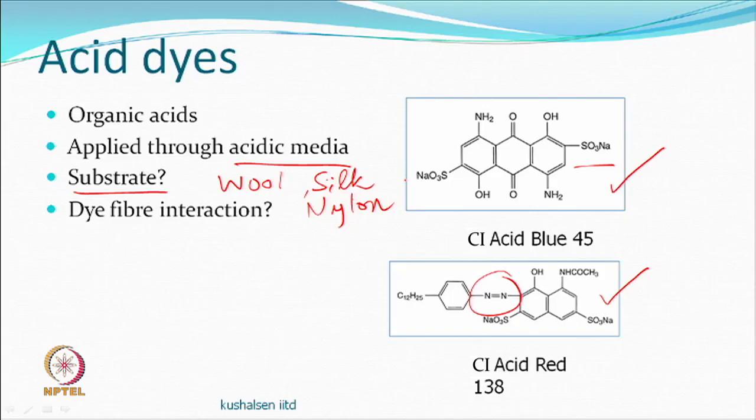So, dye fiber interaction is ionic, wash fastness can be an issue because they are smaller molecules and ionic bonds in aqueous medium dissociate very easily.